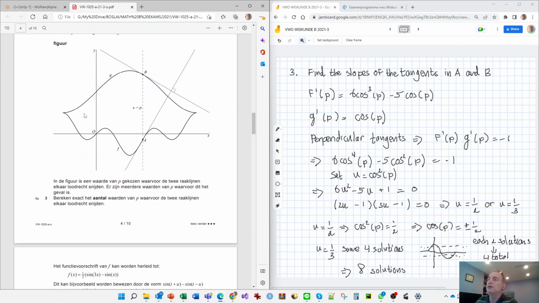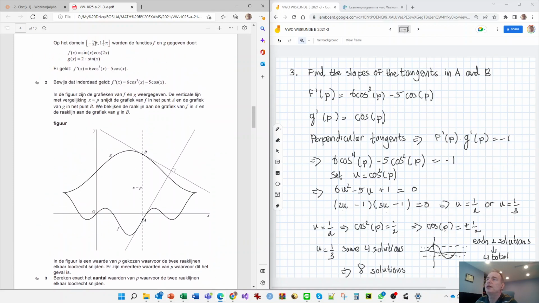Yeah, so the domain of this function is from minus 1/2 pi to 3 pi over 2. So p also has to be in that interval. And then you can easily see that actually there are two solutions for plus and minus. So this gives a total of 4 solutions for p.